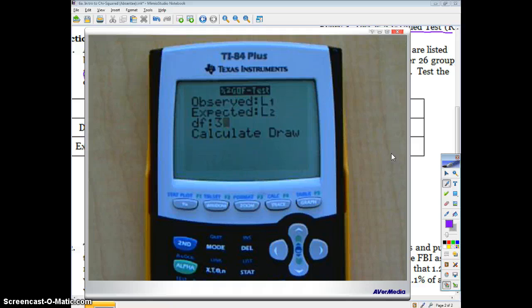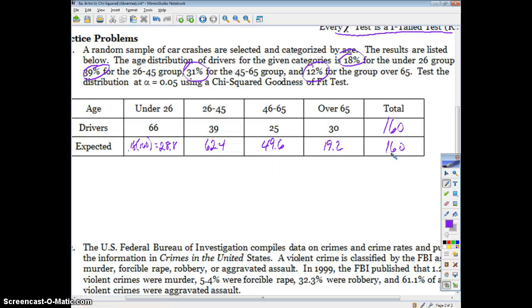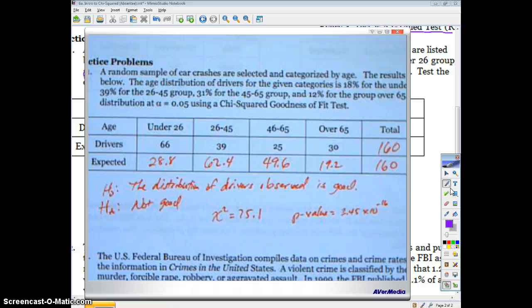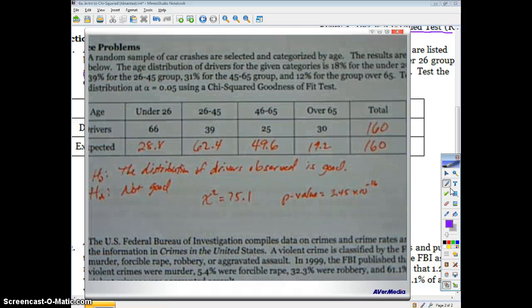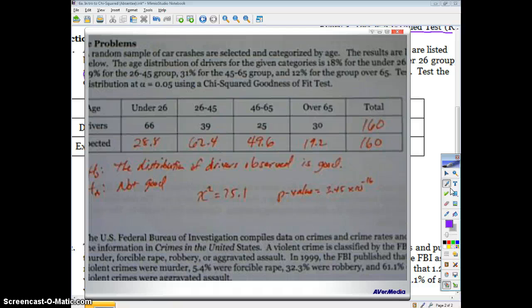Now, degrees of freedom are 3, again, 4 categories, minus 1. Notice my p-value has scientific notation, so it's pretty much nothing. I didn't write any hypotheses yet, but I got them here. The null is that the distribution of drivers observed is good, and then the alternative would be that it's not good. So since our p-value is so small here, we're going to reject the null hypothesis.